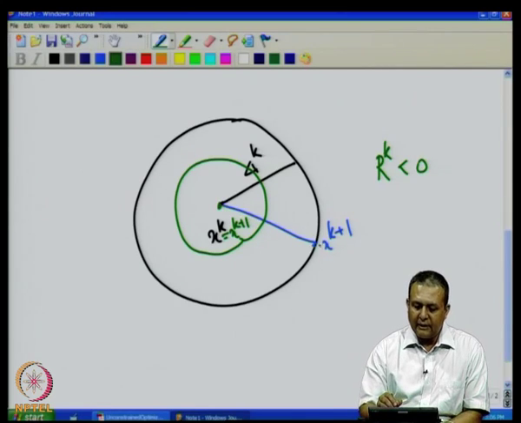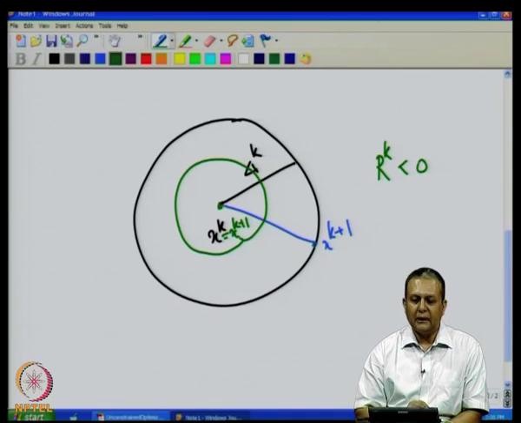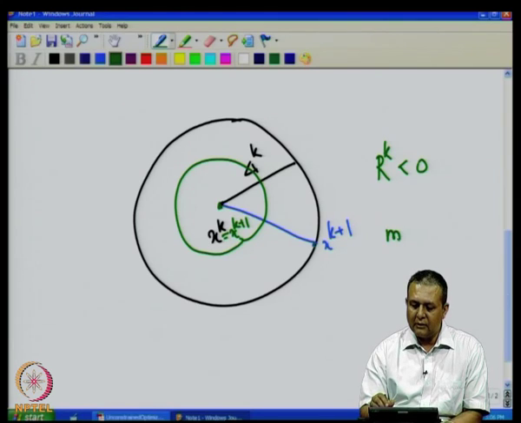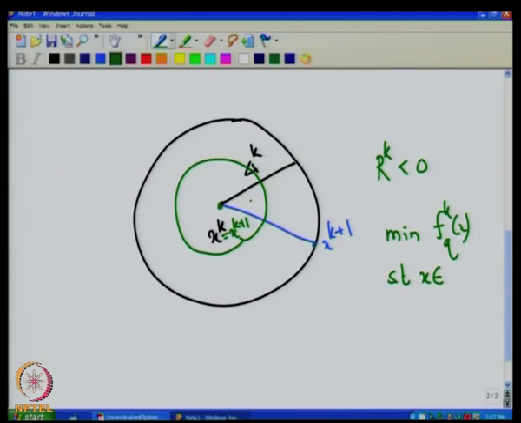So, instead of taking this step where the function value actually increased, what we do is we come back to x k, reduce the region of trust, and then this is our new point x k plus 1, and then we try to solve the problem, minimize f k q x subject to x belongs to now, let me call this delta k nu, and so the corresponding omega k nu.